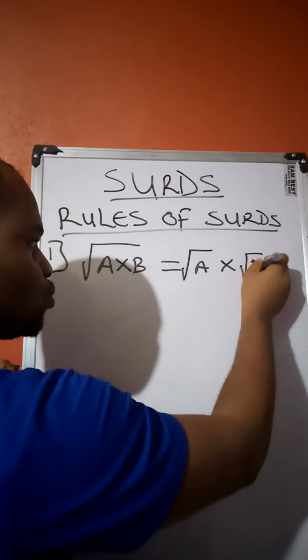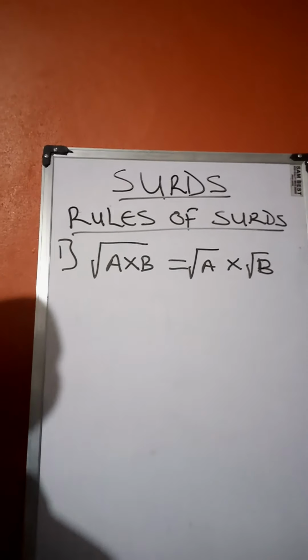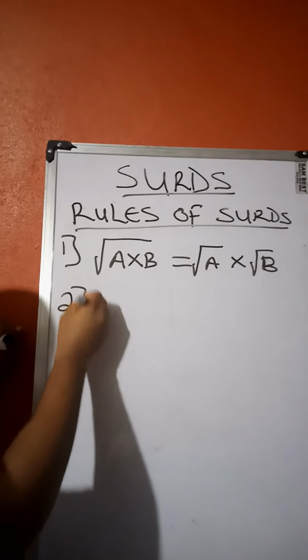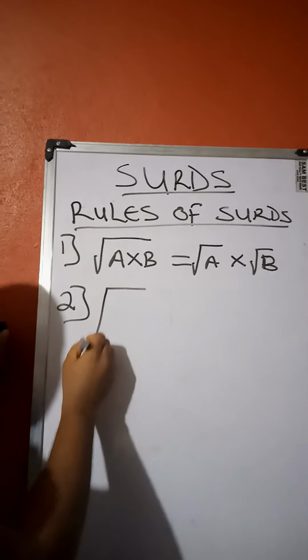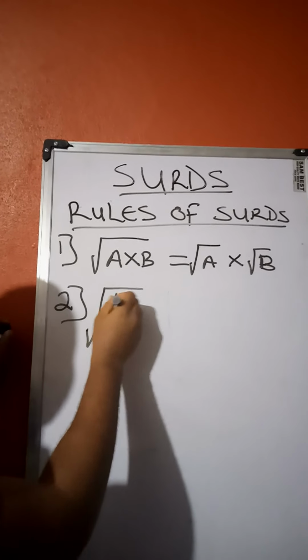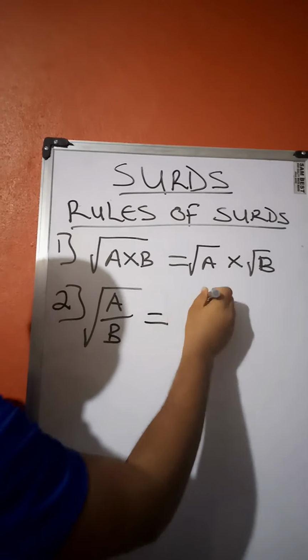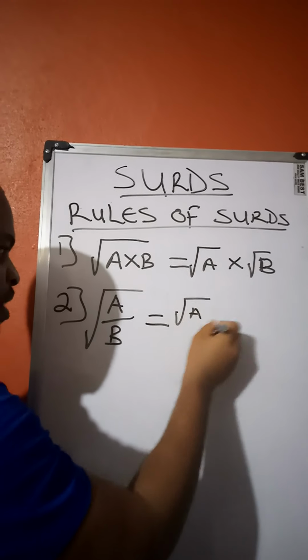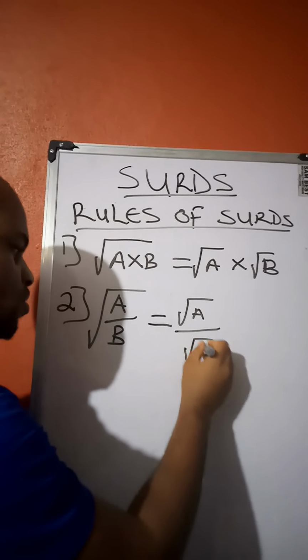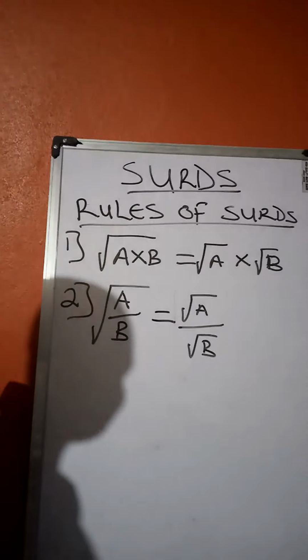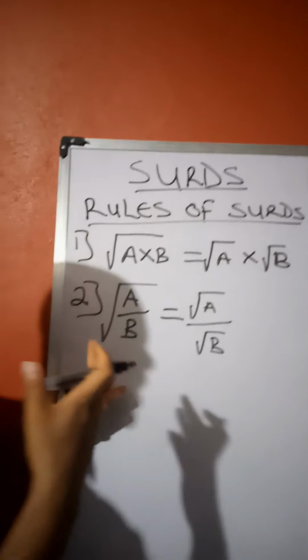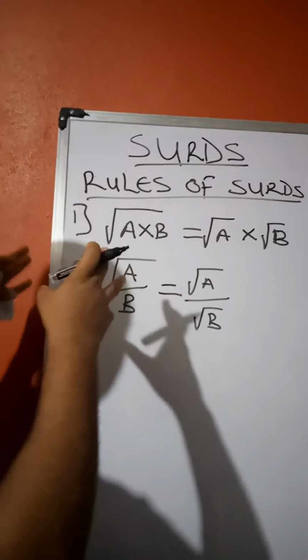This is the first rule of surd. Rule 2, the division rule. If I'm given root a over b, I can write it as root a over root b. Please follow me carefully, because all this we are going to apply when we start taking examples in surds.